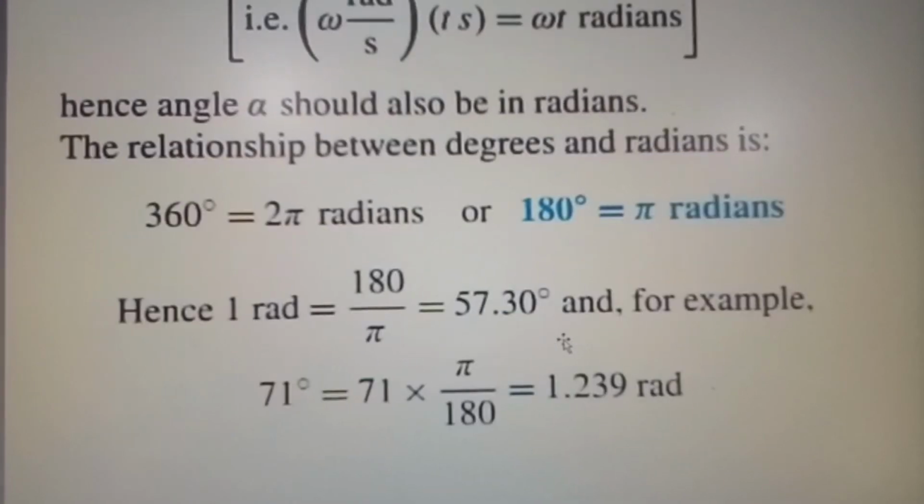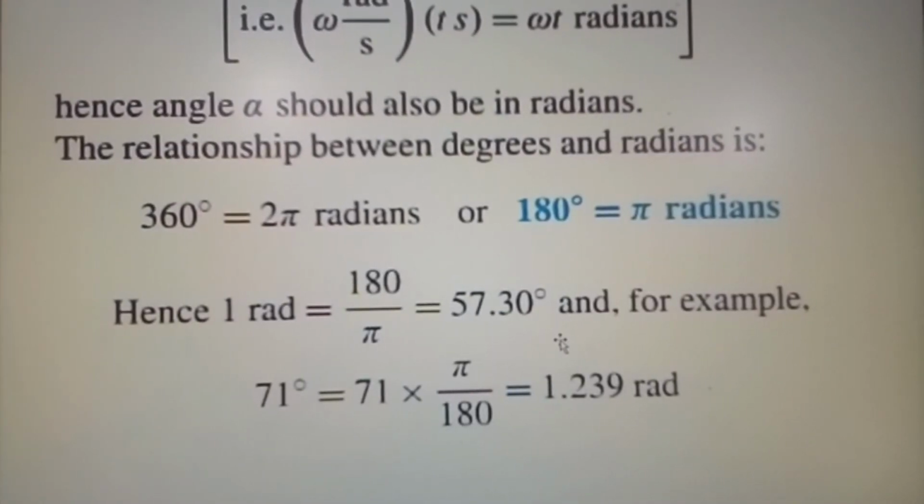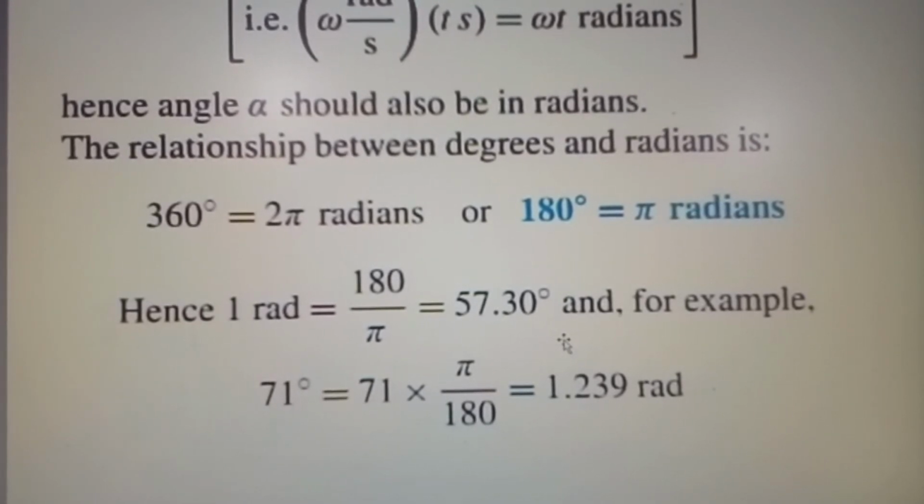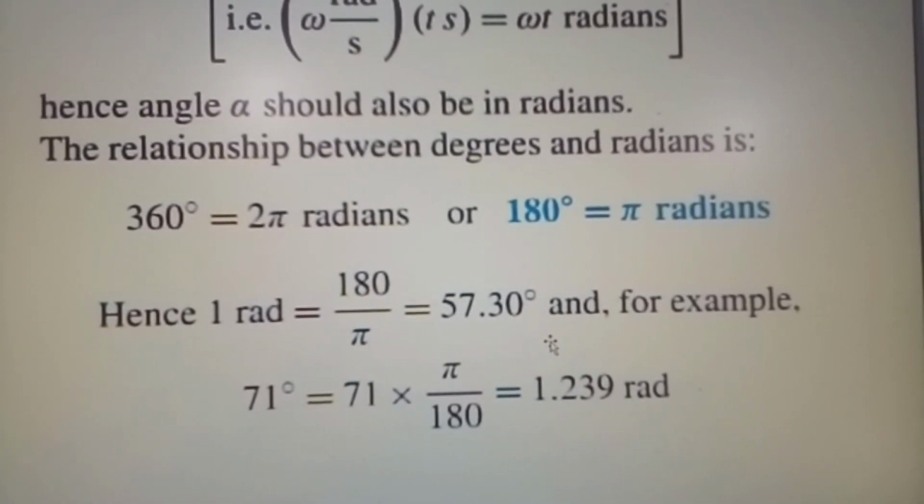Okay, so there you can see how to convert radians to degrees and degrees to radians, and this is information you will need. Now look at the electrical principles section in my playlist as well, because you have additional information in there which can support your knowledge.